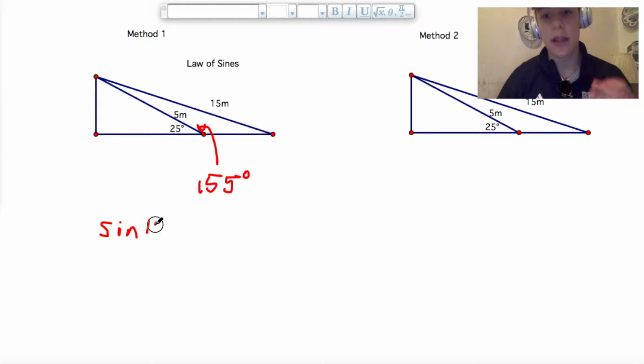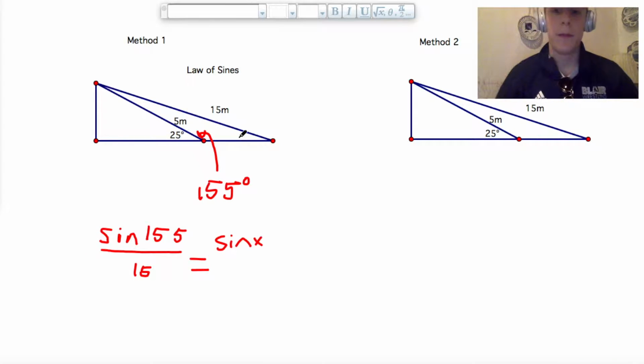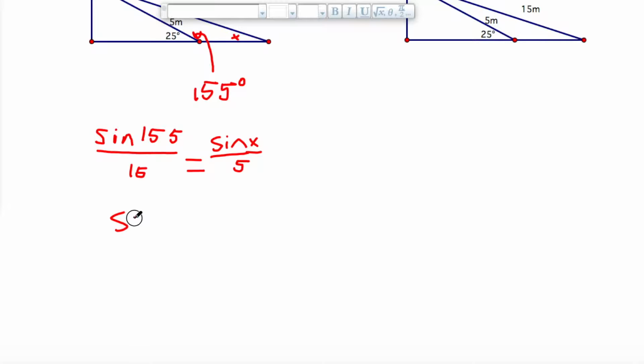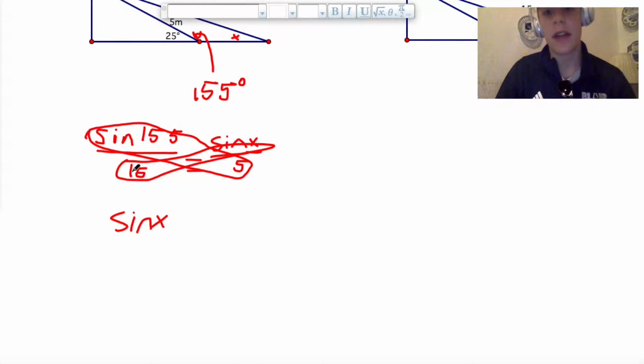First thing we'll be doing is the sine of 155 over 15, just like using the law of sines, and that will be equal to the sine of x, or the angle we're trying to find, over 5. We'll be using cross multiplication for that. So the sine of x times 15 equals the sine of 155 times 5.